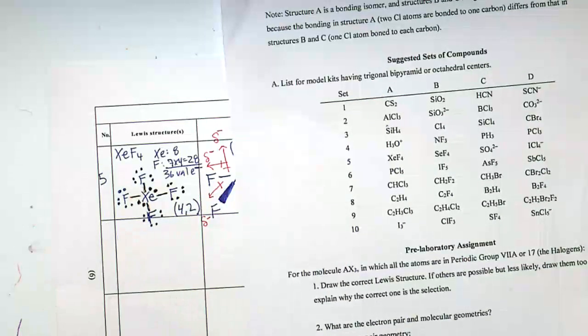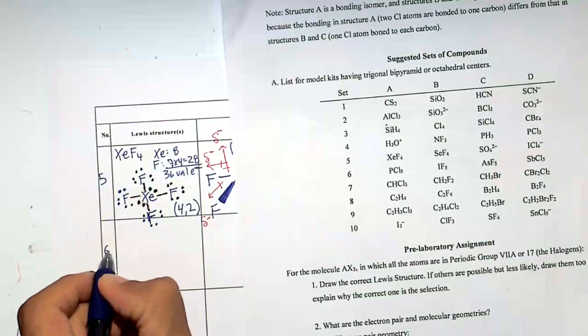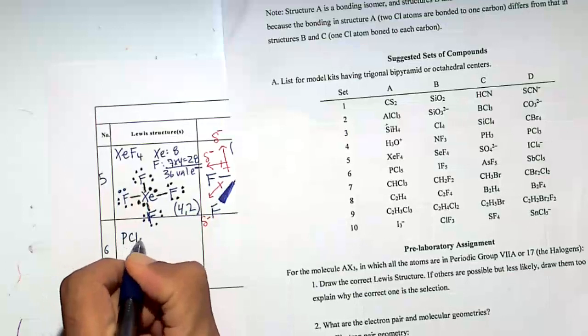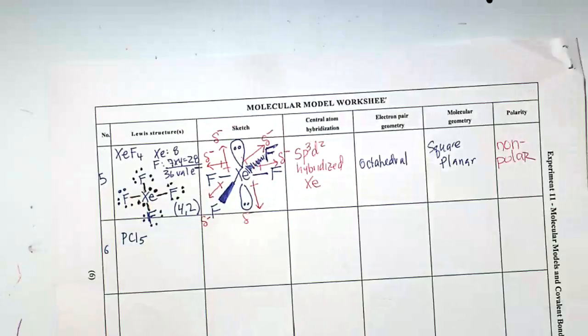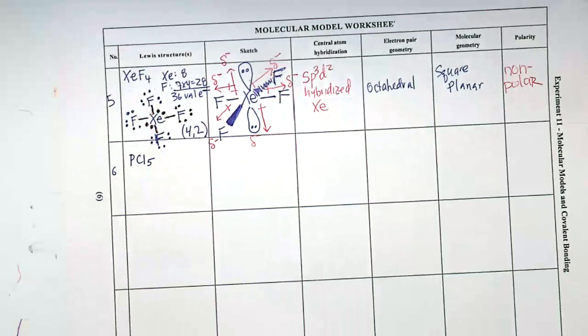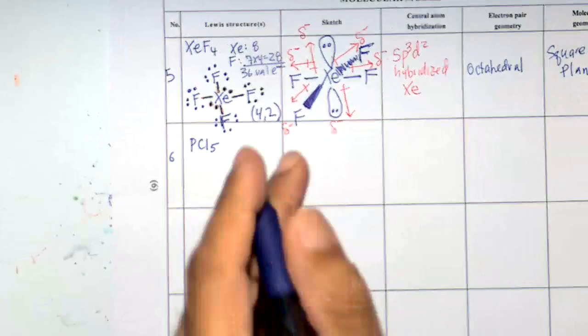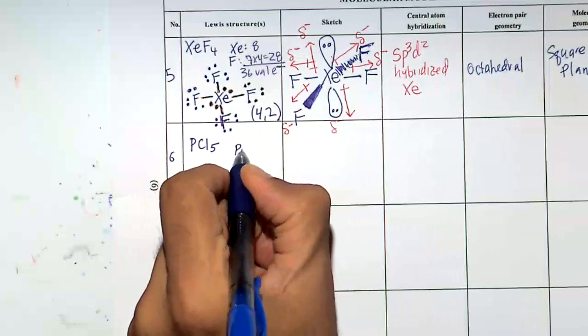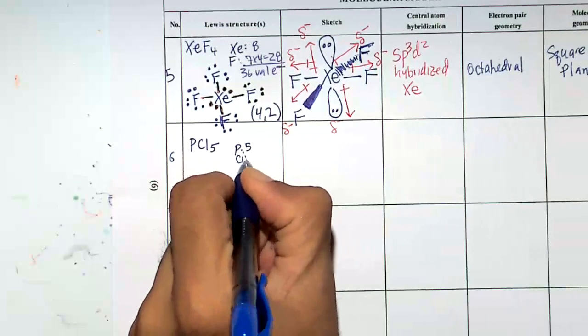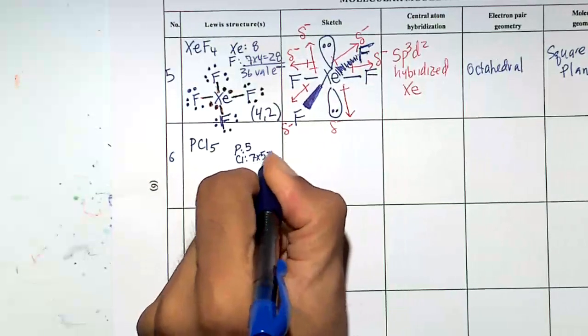Number 6. We have 5 more to go. PCl5. All right, what is phosphorus happy at? 5. What is chlorine happy at? 7.